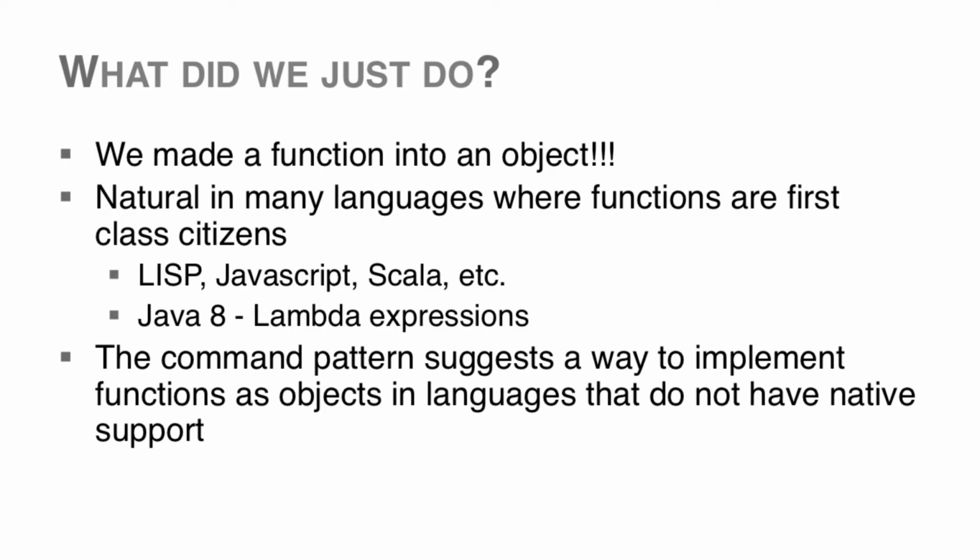And for those that are used to programming in such languages such as Lisp or JavaScript or Scala, this idea of taking an algorithm and making it into an object, a first-class citizen, is a very natural thing. So in Java 8, they introduced this concept of lambda expressions that makes implementations of this type of constructs a lot more natural.